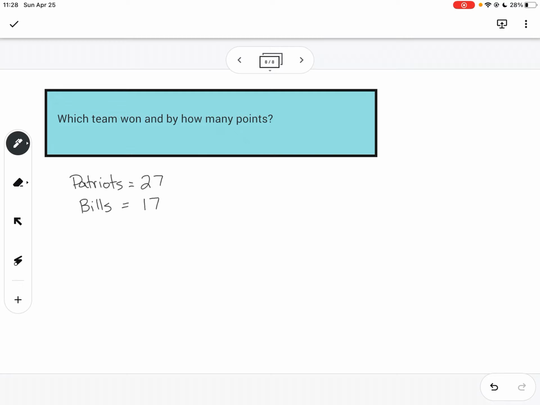So 27 and 17. 27 minus 17 is 10. So that means that the Patriots won by 10 points. So in this question or set of questions, we use multiplication, addition, and we use subtraction. Those are some examples of word problems that use all of the different operations in one question.